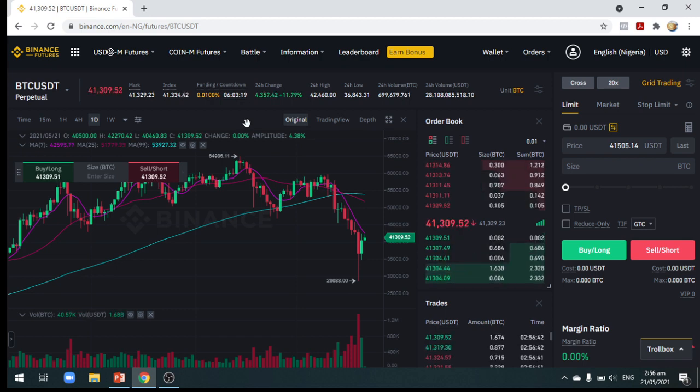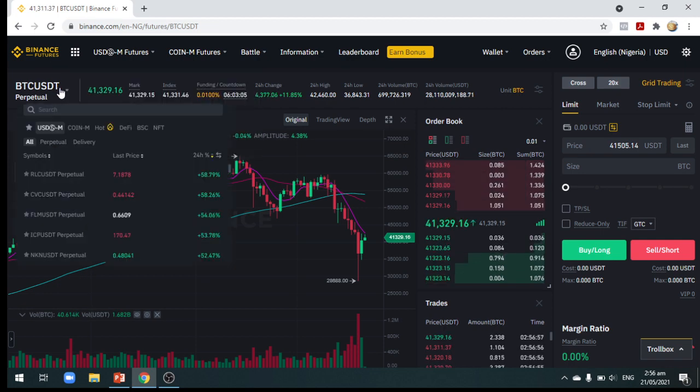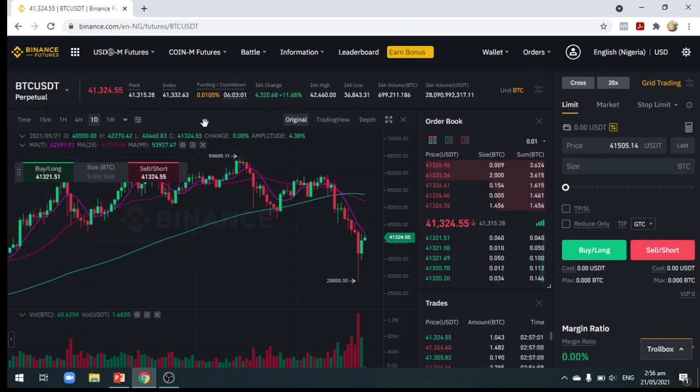One of the differences between futures trading and spot trading is that in spot trading you're buying the underlying asset. For example, if the asset you're trading is Bitcoin, in spot trading you're buying Bitcoin, and the Bitcoin you buy will be yours.